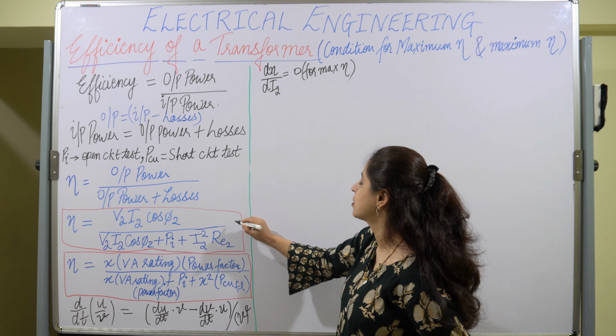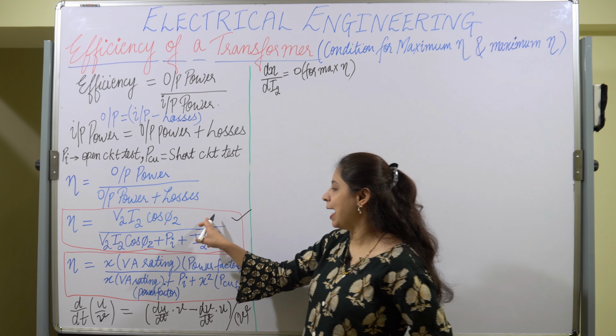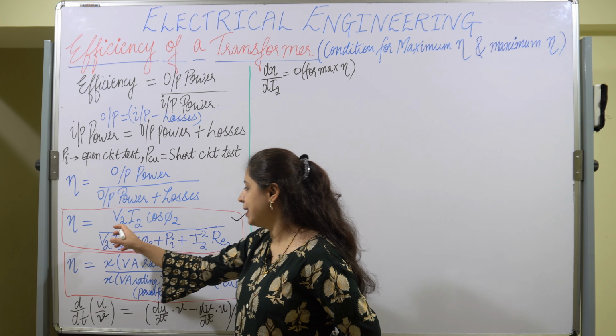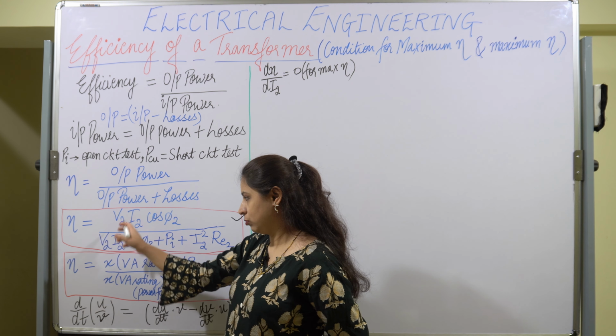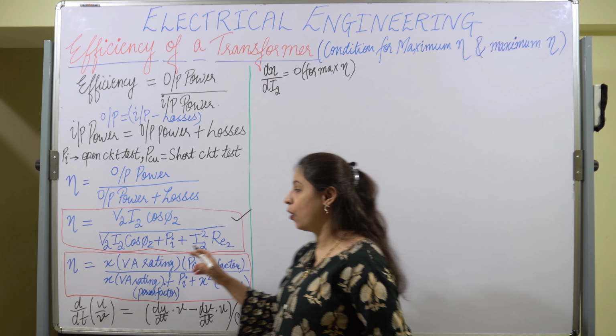So we'll be applying this formula in order to differentiate it. We are taking this formula for the efficiency. Before that, we will be taking common I2 from numerator as well as from denominator.